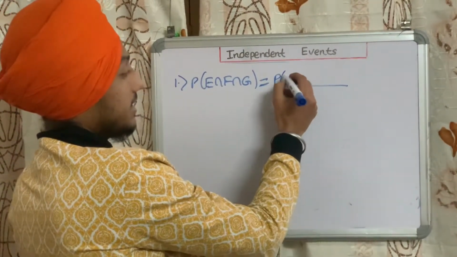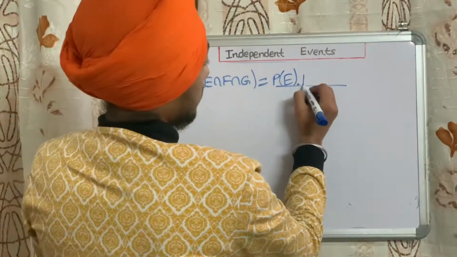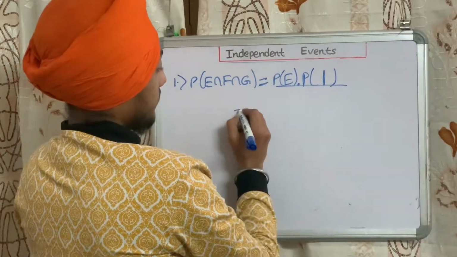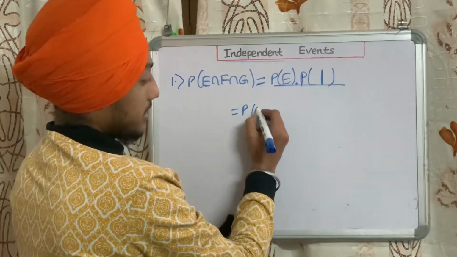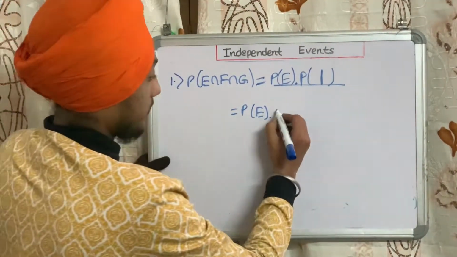We know that its probability is nothing but what we get when we apply our conditional probability. It becomes very easy and convenient when we write it as an independent event. That's why we have introduced the formula of independent events.